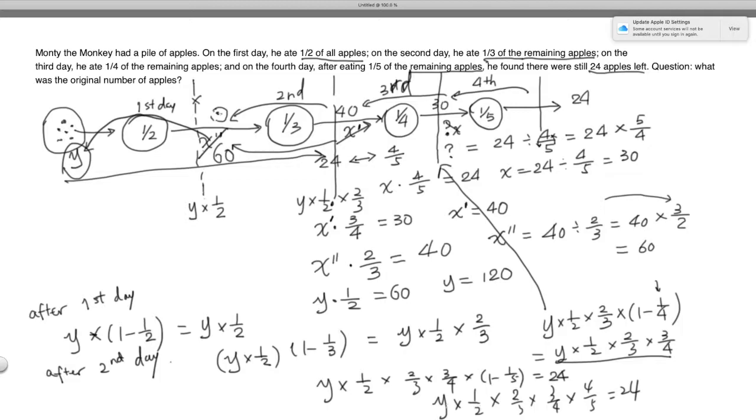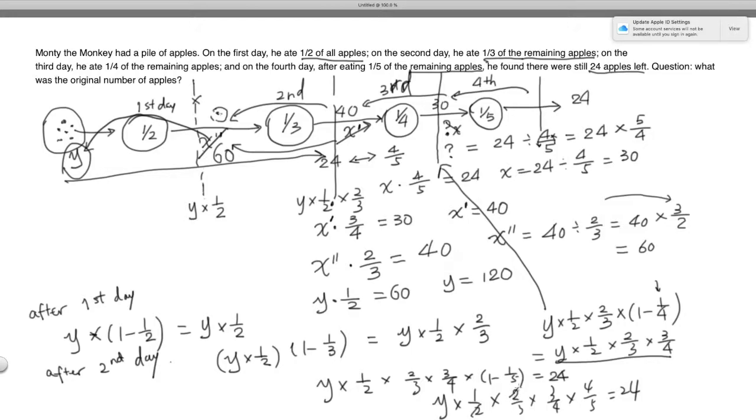Now you want to solve for y. Interestingly, you see a very cool pattern here: 1/2 times 2/3 times 3/4 times 4/5. For consecutive terms, the denominator of the former term is actually the numerator of the next term, so they cancel each other.